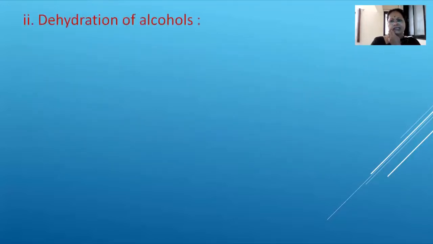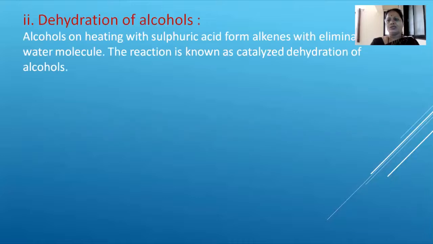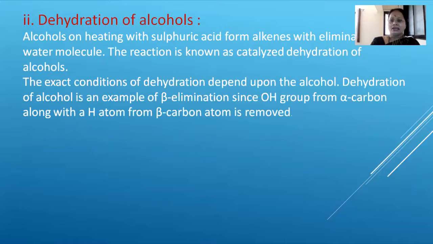Then the second reaction is dehydration. The second elimination is dehydration of alcohols. D means to remove, hydrate means water. So removal of water here. Now for removal of water, alcohols are heated with sulfuric acid. When elimination of a water molecule takes place, this reaction is catalyzed by acid.